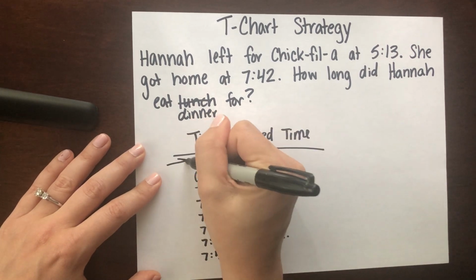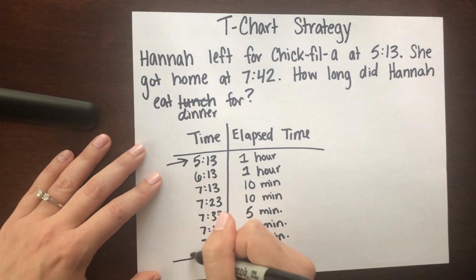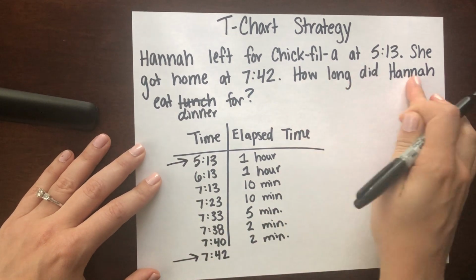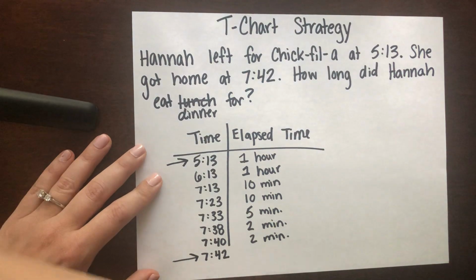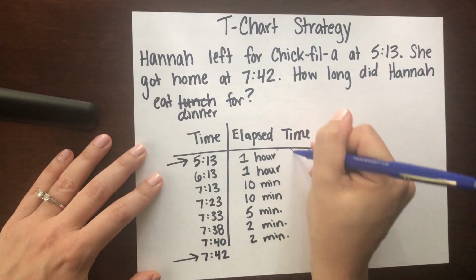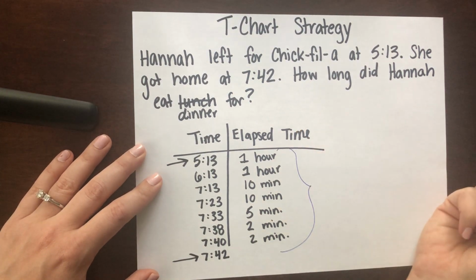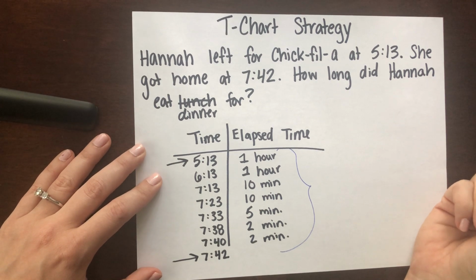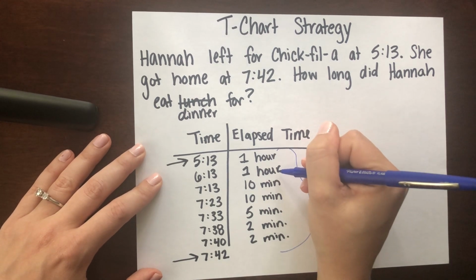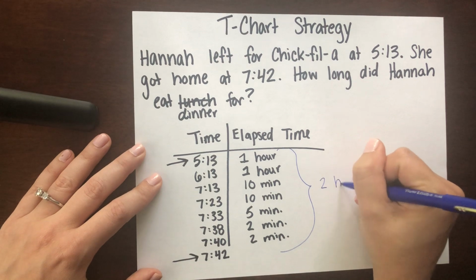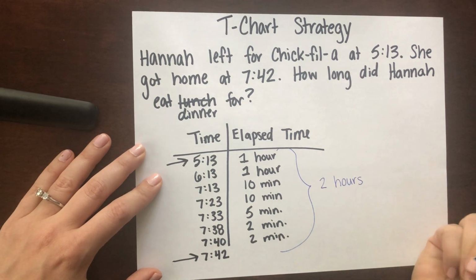So here is our start time. Here is our ending time. How long did Hannah eat dinner for? The last thing we're going to do is add up all of this elapsed time. So if I start with my hours, 1 hour, 2 hours, then I'm going to add up my minutes.